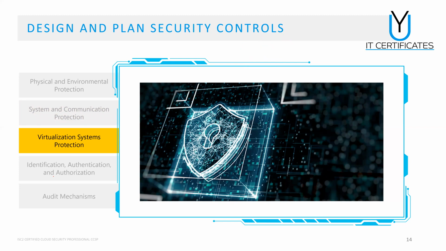Then the other point is virtualization systems protection. As we mentioned, if the hacker is able to control one hypervisor, then this means that he will be able to control the host, the VMs, and all the resources used by the customers, data and applications.